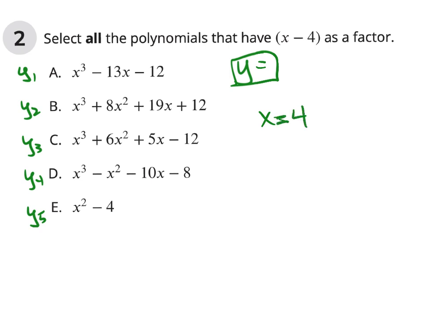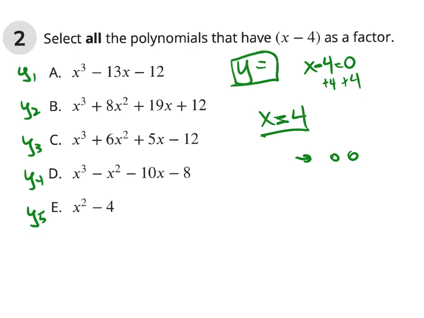To change a factor into an intercept, you set the factor equal to 0 and then solve. And we know we add 4, x equals 4. Okay, so now, once you put all 5 of these in, when x is 4, scroll over and look for where all the y values are 0. And there should be 2 of them.